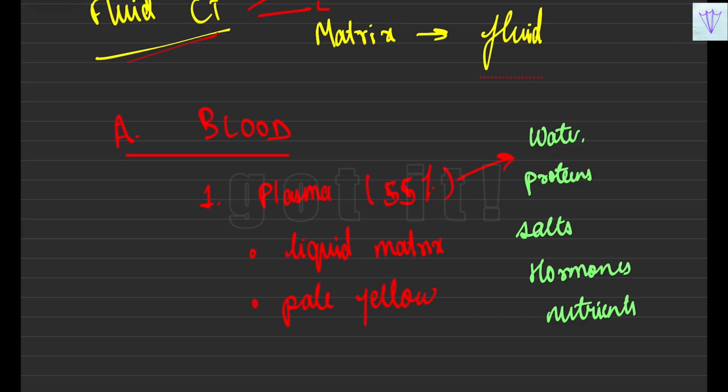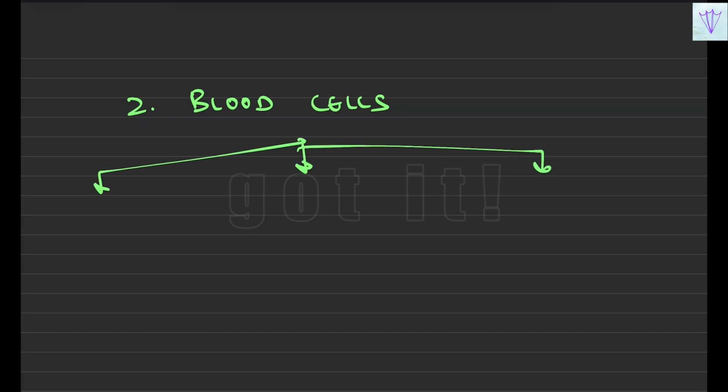Next, moving to the blood cells. So the second one is blood cells. So blood cells are primarily of three categories, as you already read in your previous classes, that is RBCs, WBCs, and the platelets.